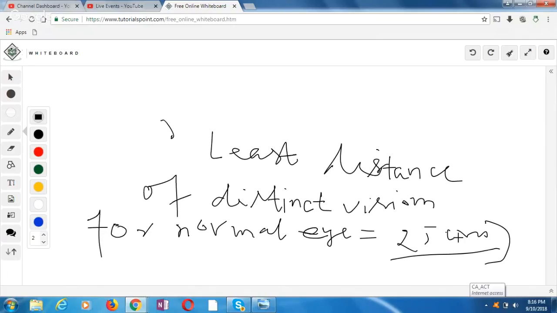So a person who is unable to locate something which is nearby is suffering from hypermetropia or long sightedness. Why does that happen? What is the meaning of this particular line?